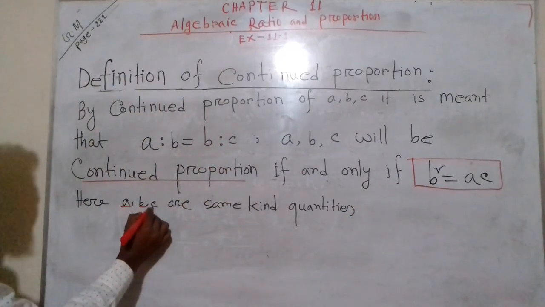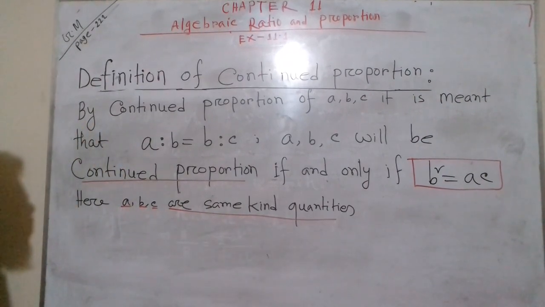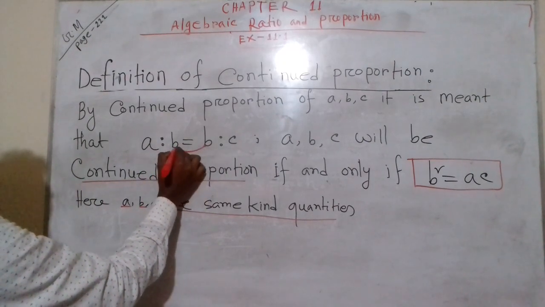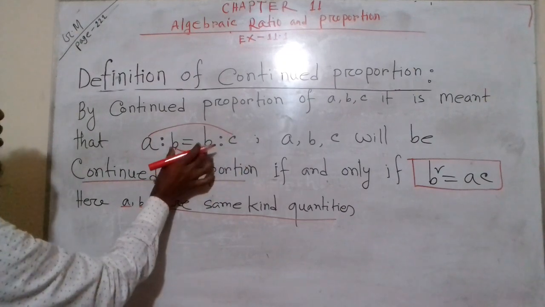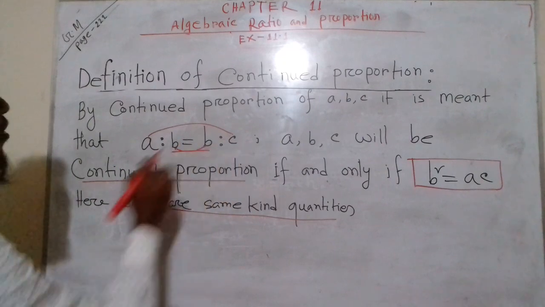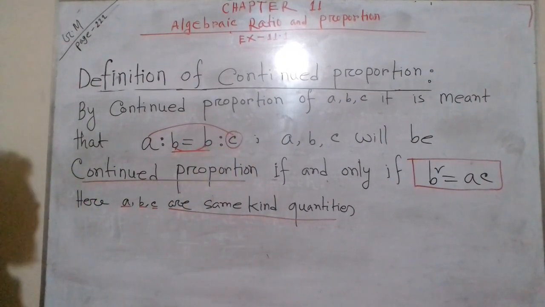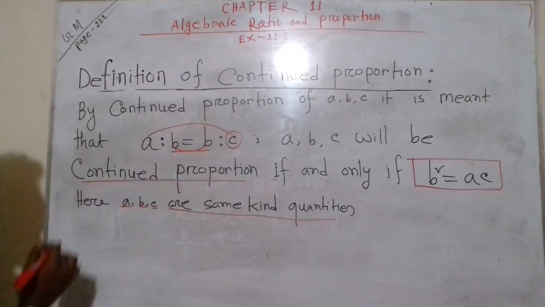Here A, B, C are the same kind of quantities. Here B is the second quantity of A and C, and C is the third quantity of A and B.